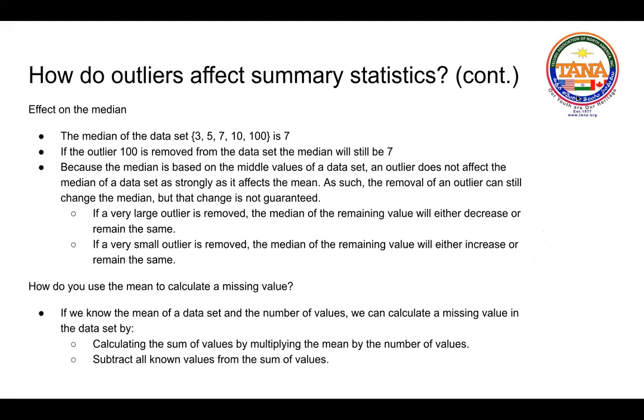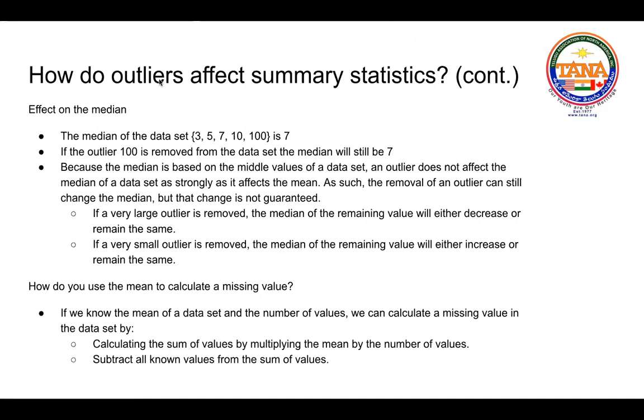So how do you use the mean to calculate a missing value? If we know the mean of the data set and the number of values, we can calculate a missing value in the data set by calculating the sum of values, multiplying the mean by the number of values, and subtracting all known values from it.